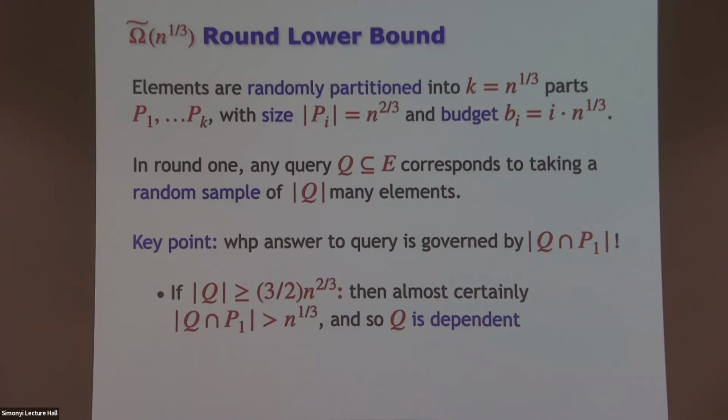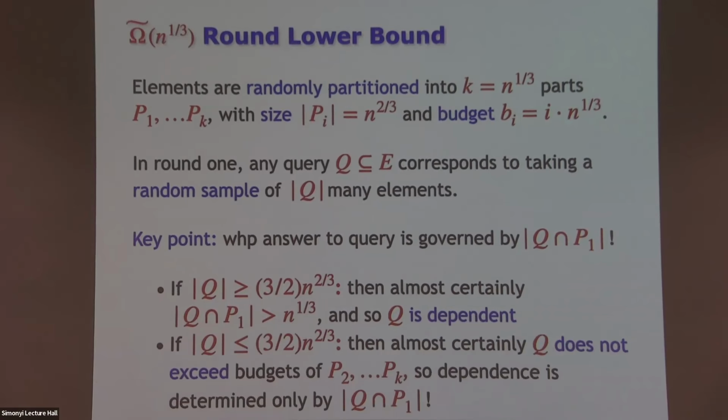With a Chernoff bound, with very high probability the size of Q intersect P1 is bigger than n to the 1/3. The budget of part P1 is also n to the 1/3. So with very high probability you've exceeded the budget of P1, and the query will be dependent, and importantly it is dependent because of the dependence in part P1.